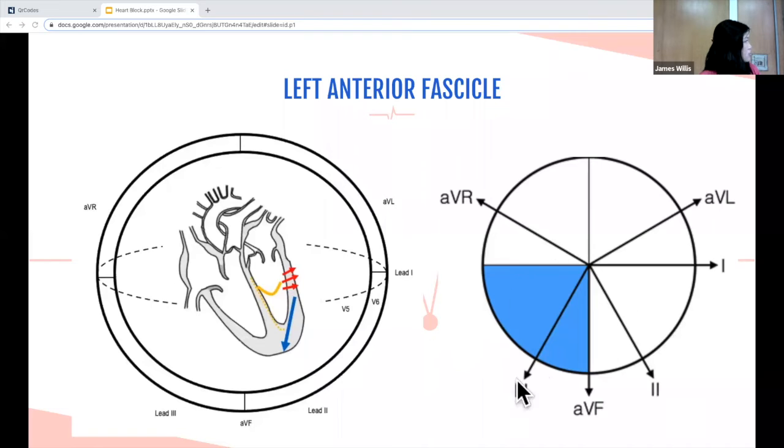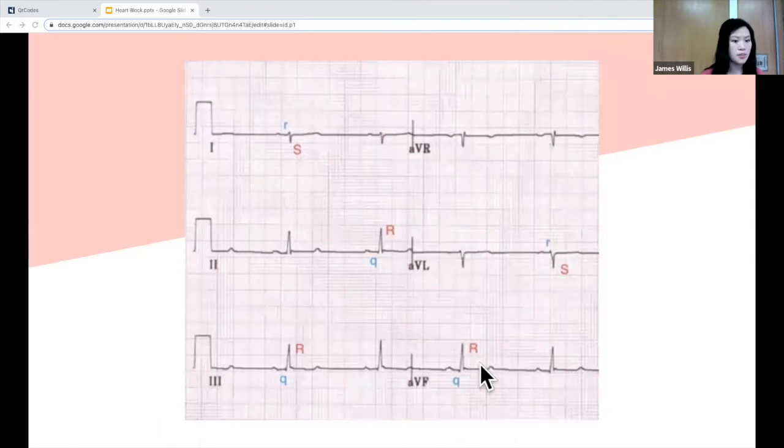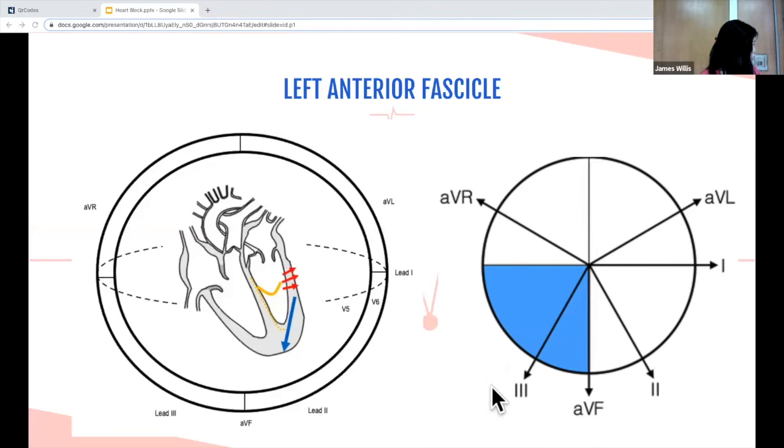And if you remember your right axis and left axis deviation on the EKG axis, it kind of looks like a right axis deviation. So if you have an EKG that looks like what an anterior fascicle is supposed to be doing, and you have something going in this direction, you're going to imagine all of your inferior leads are going to be positive, all your lateral leads are going to be negative.